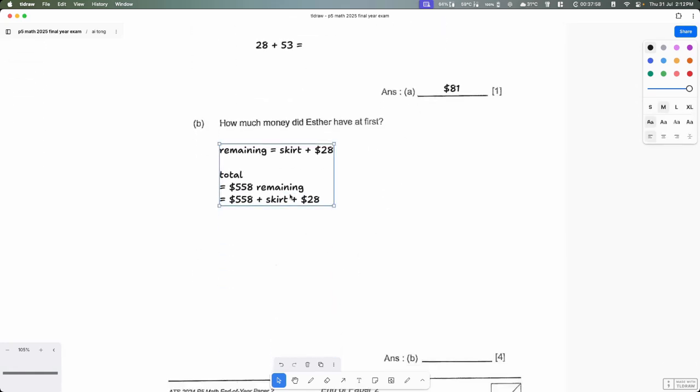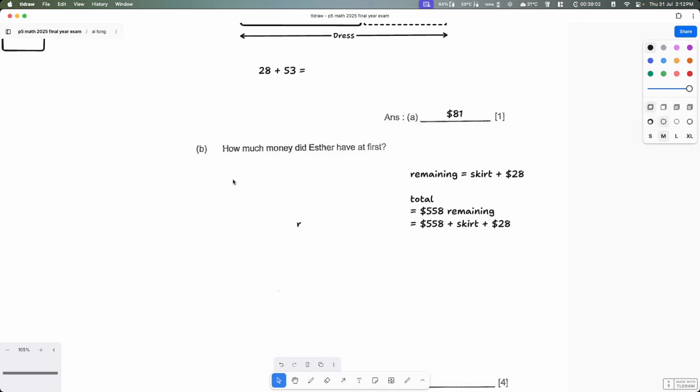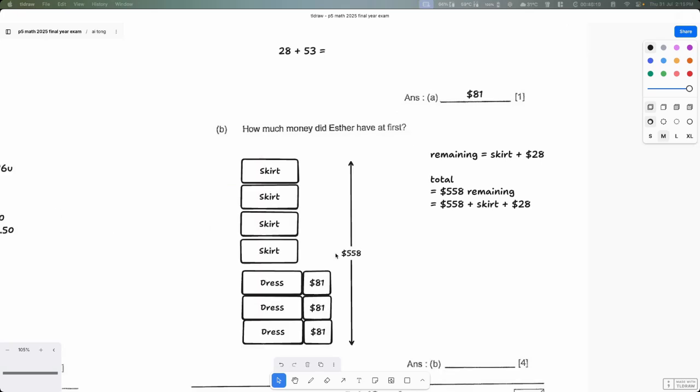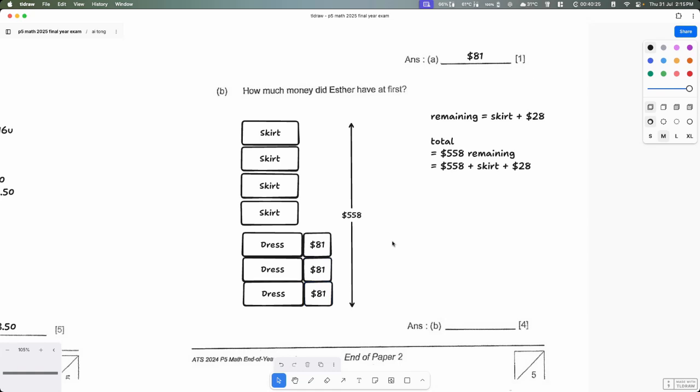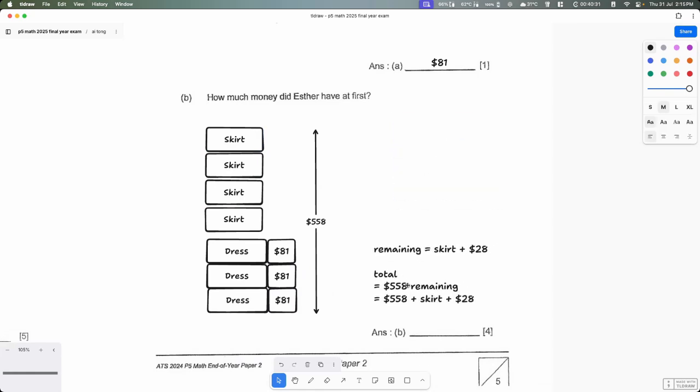If I were to draw a rectangle, it will look something like this. You have the skirt, you have the dress, and the dress is $81 more. If we get the skirt, then we can get the remaining.